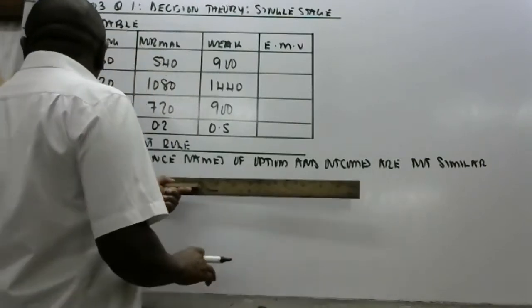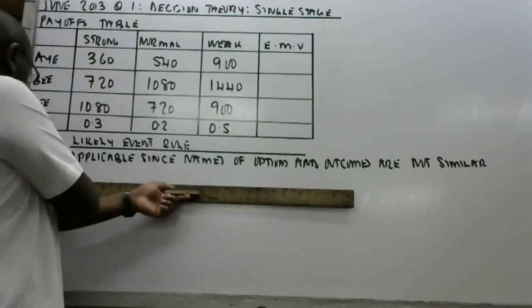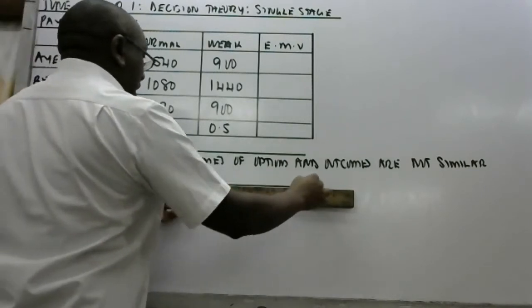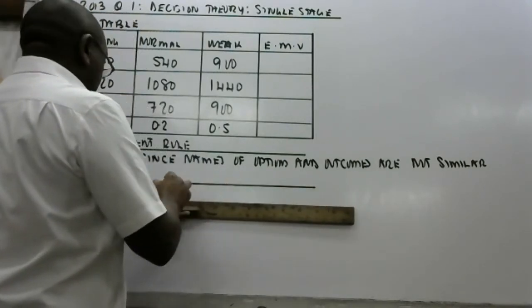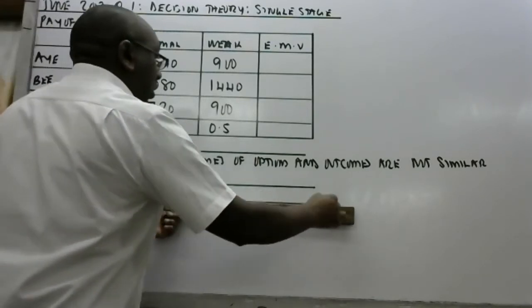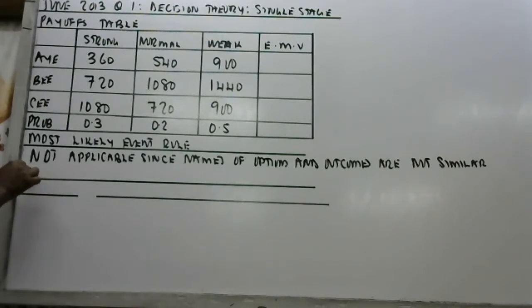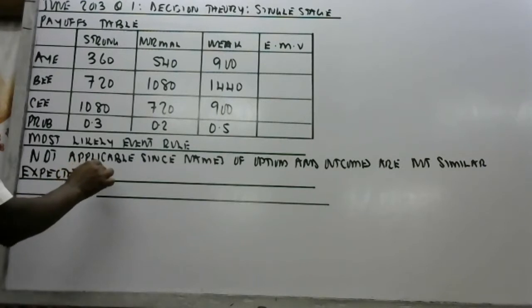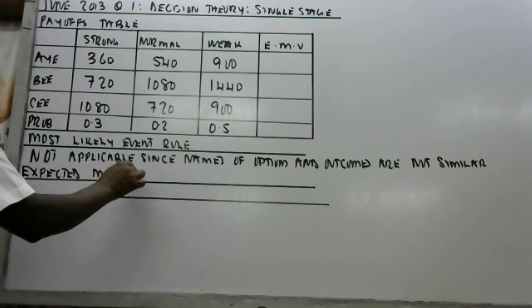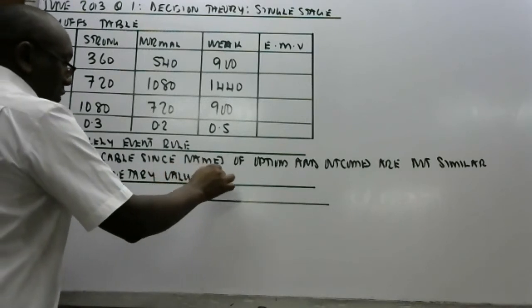The next rule that you will easily come across is called the expected monetary value rule.